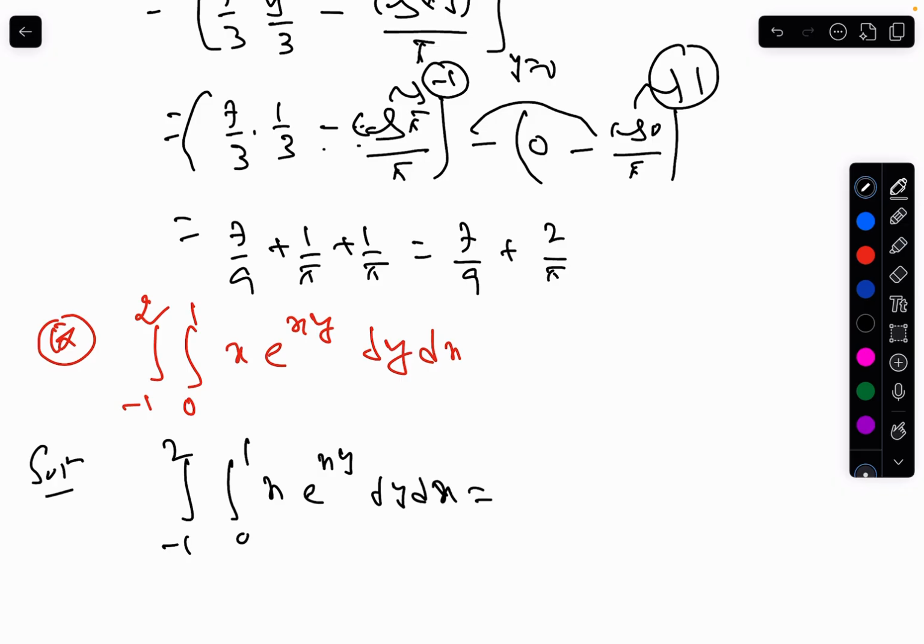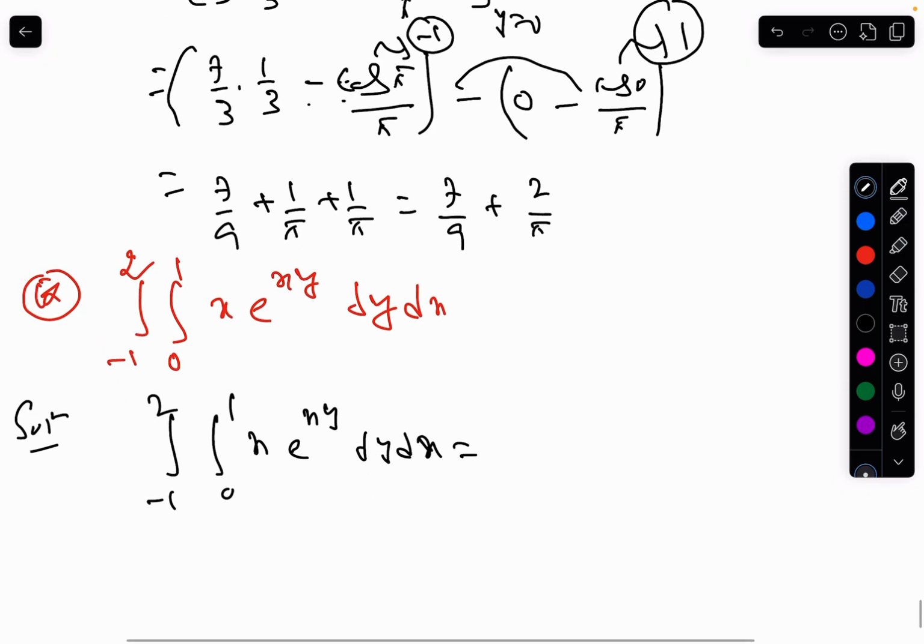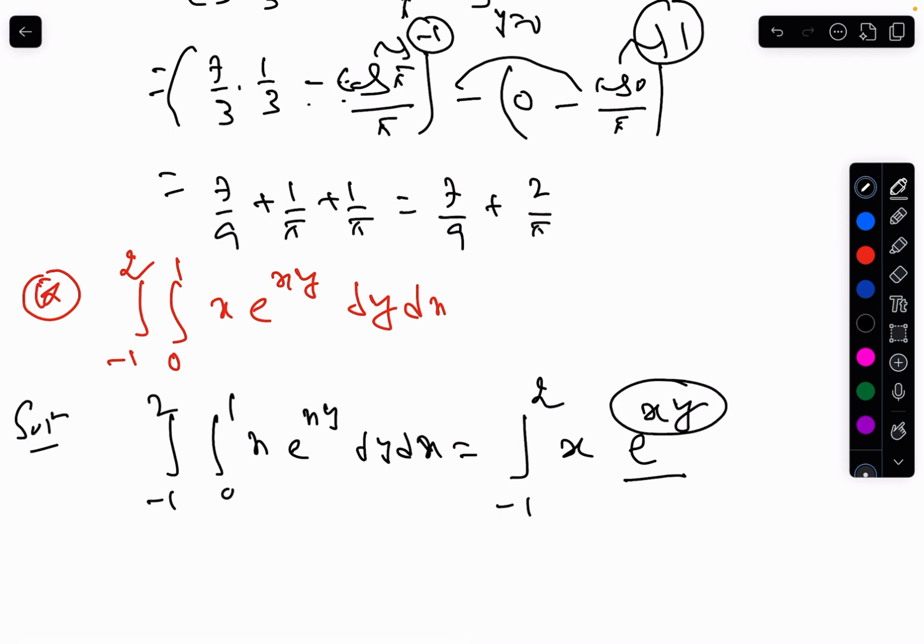So let us integrate first with respect to y. So that is -1 to 2, x constant, integration of e power xy is e power xy divided by the derivative of xy with respect to y. X is constant, like e power 5y, it is e power 5y upon 5. So e power xy upon x.